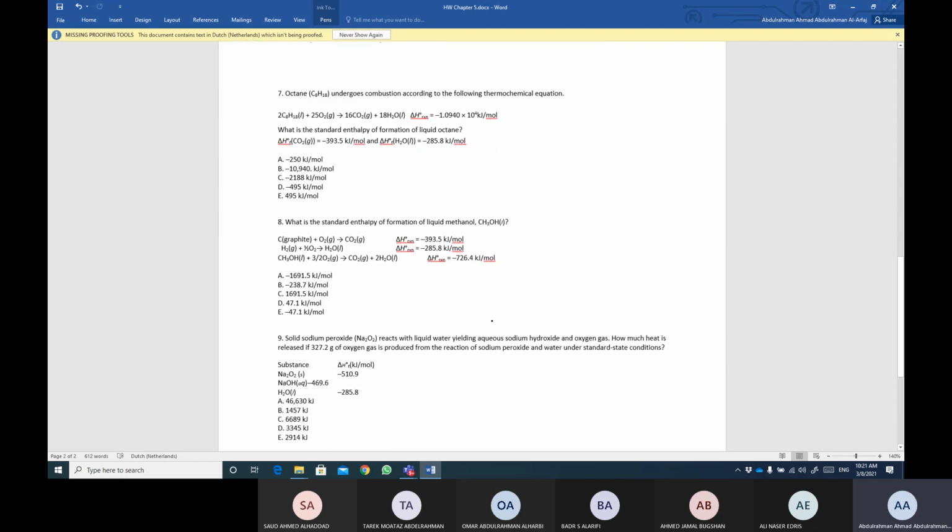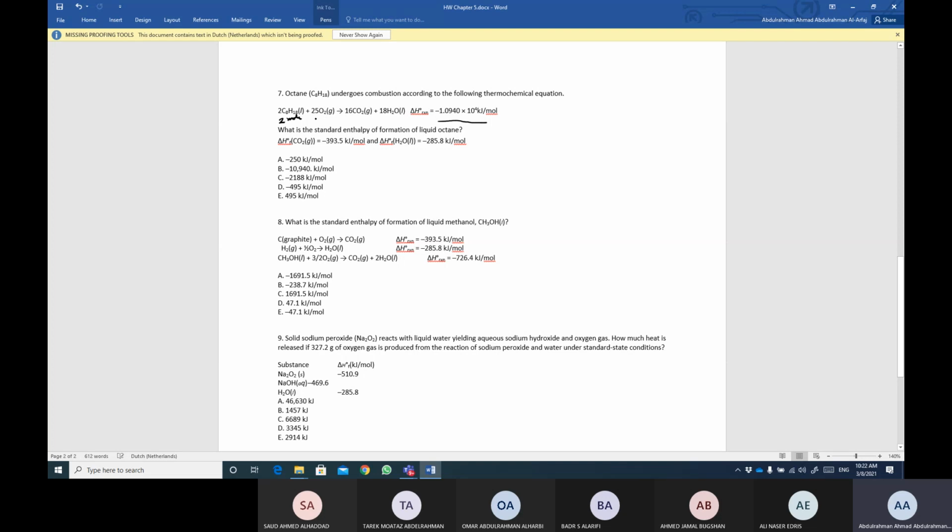Question 7. Octane, C8H18, undergoes combustion according to the following thermochemical reaction. This is the chemical reaction. Now, once you see this reaction, what do you understand? You understand that this heat will come with how many moles of this one? 2 moles.